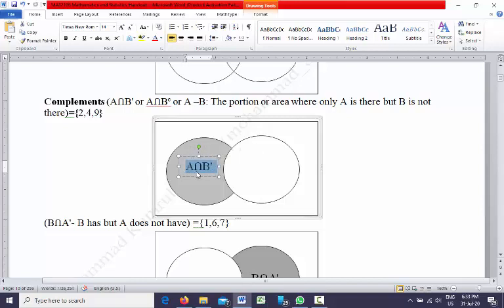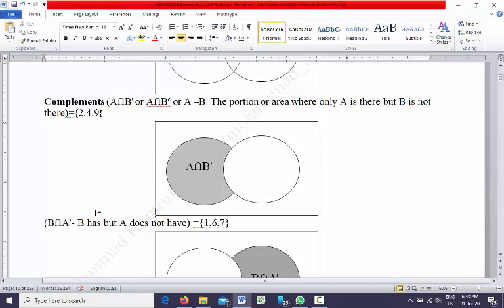So it means in this shaded area, only A is there, but B is not there. Right. So again, B intersection A prime, or we can call it B intersection A^c. You can write it either way.